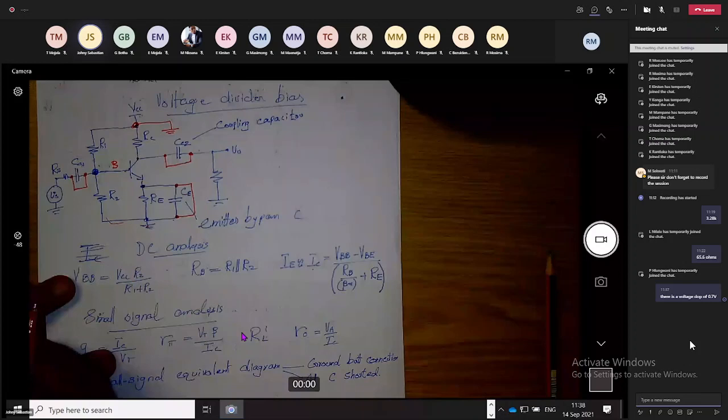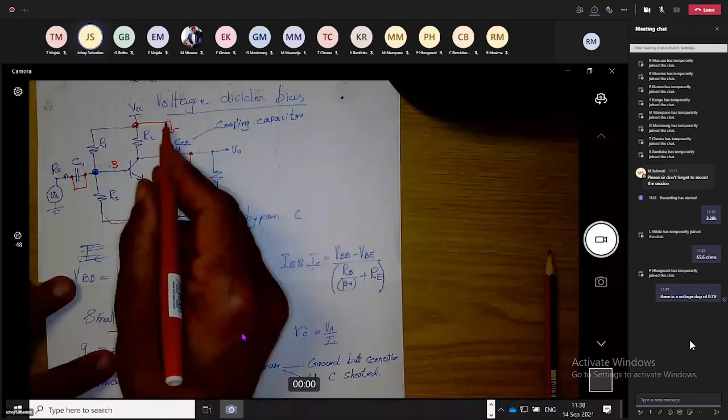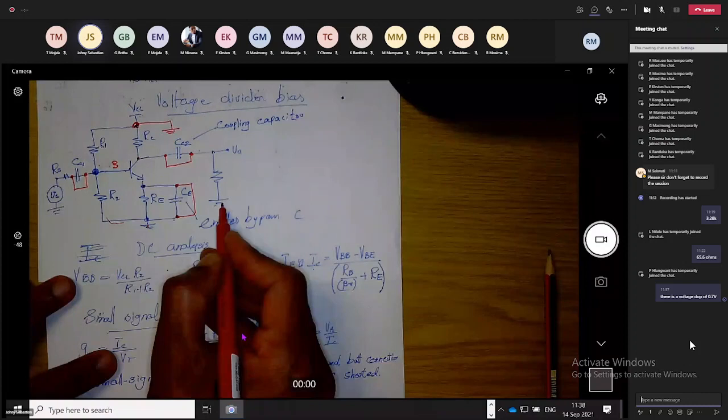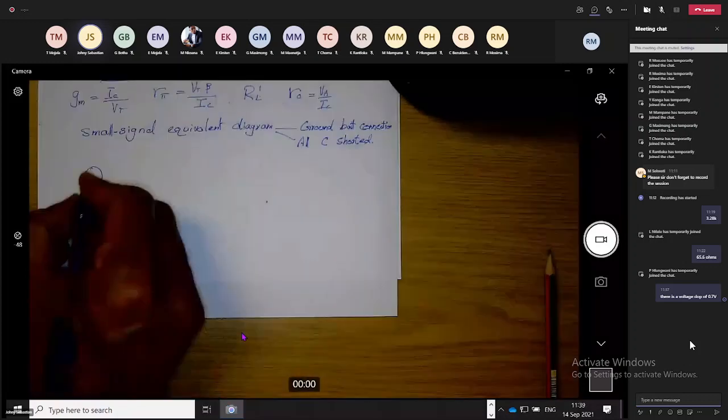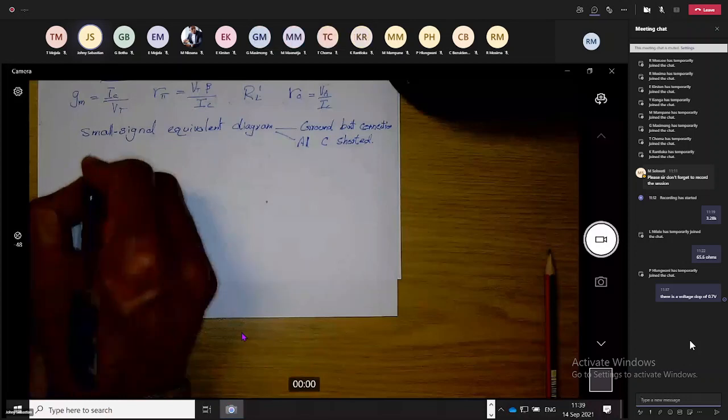There is signal collector current flowing. From the collector, RC going to ground. From the collector, the capacitor is shorted, RL going to ground. So with all these values, we can make a small signal diagram. V signal, and there is R signal.